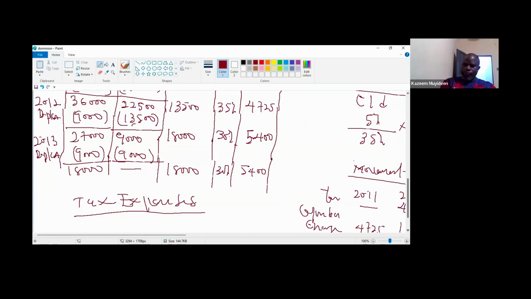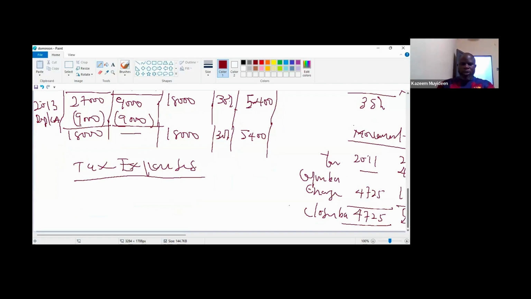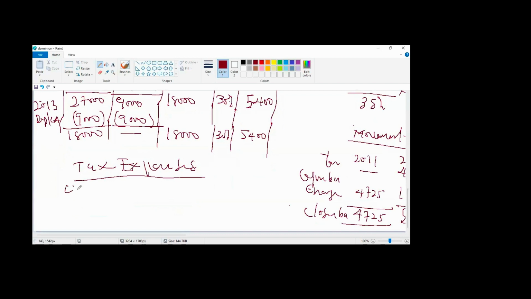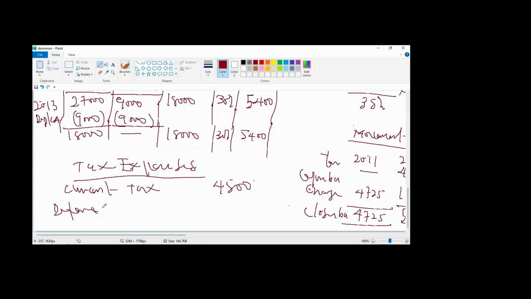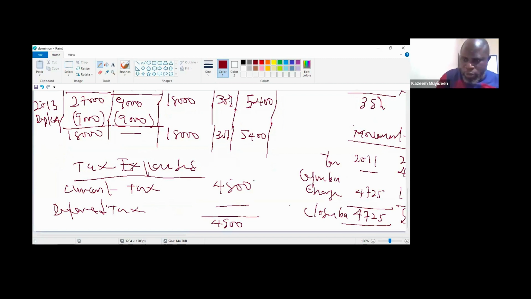Okay. Tax expense is the combination of the current tax plus the movement in deferred tax. Current tax, which is 4,500. But there is no movement in deferred tax. Because look at it here.